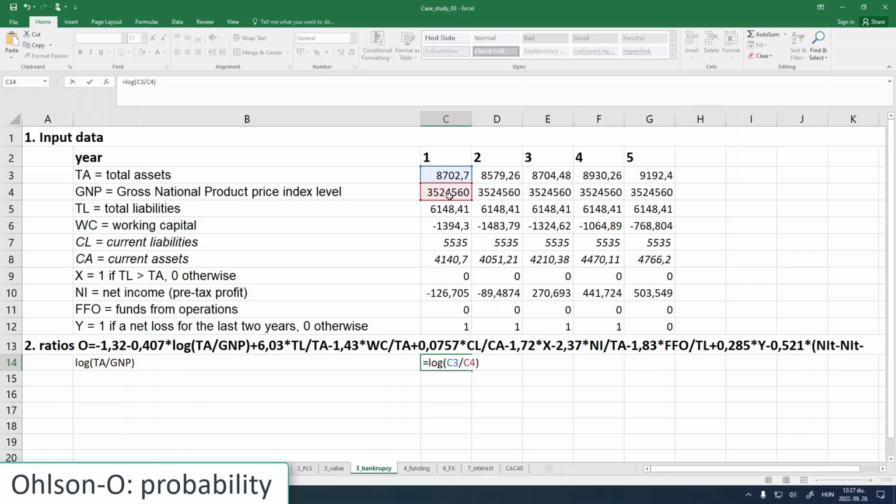So total assets divided by GNP. The reason why it's not GDP is that obviously you don't want to care about the amortization or the depreciation of the economy, so that's why it's just GNP, and also because it's national, so it means that foreign companies are also not considered here so much.